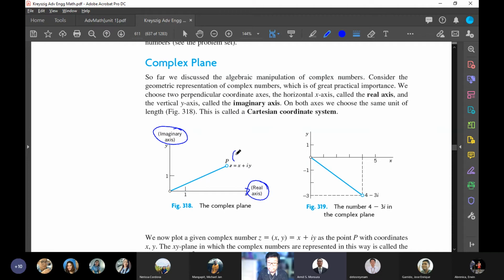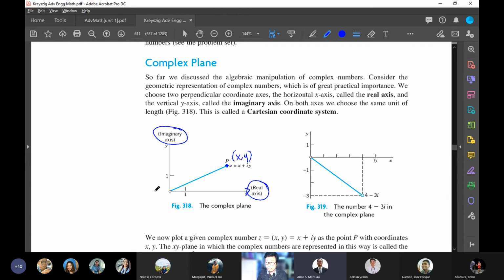That is why the ordered pair notation is still valid. If you have the complex number, say for example, z equals x plus iy, its location on the Cartesian plane, which this time we now call the complex plane, has the horizontal axis as the real axis, while the vertical axis is the imaginary axis.